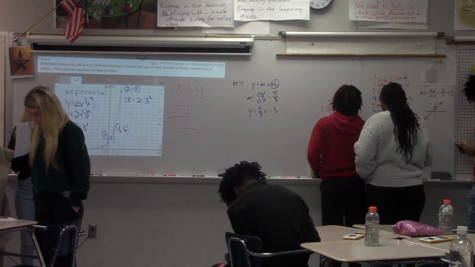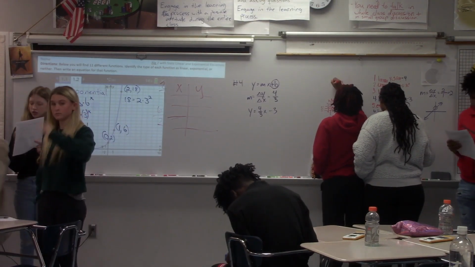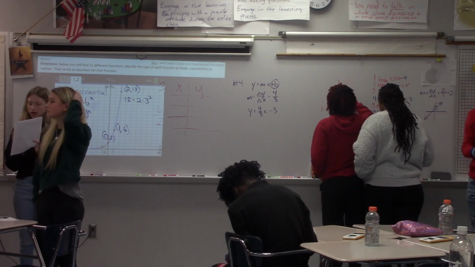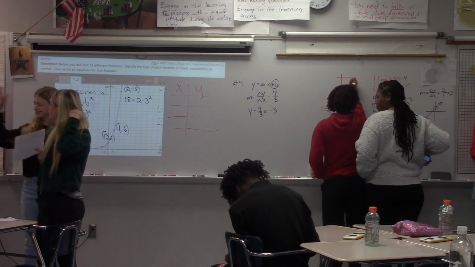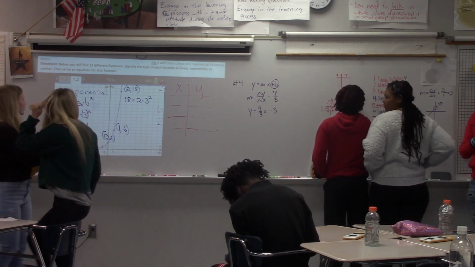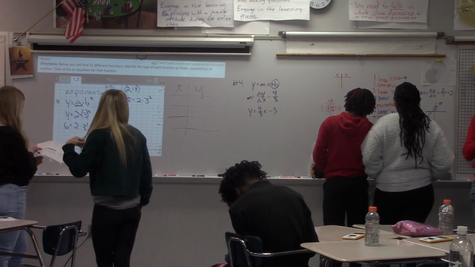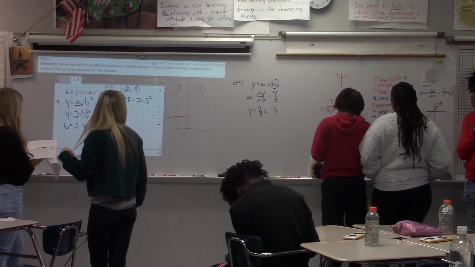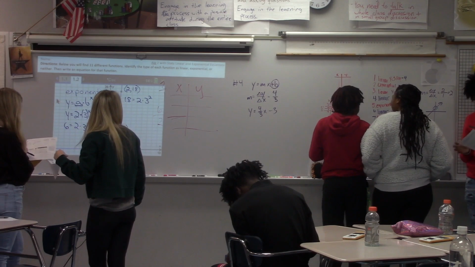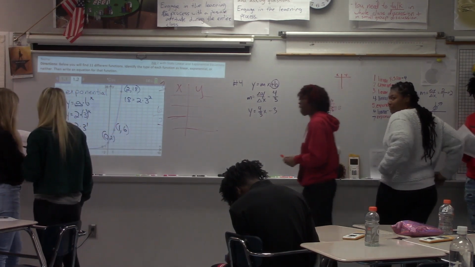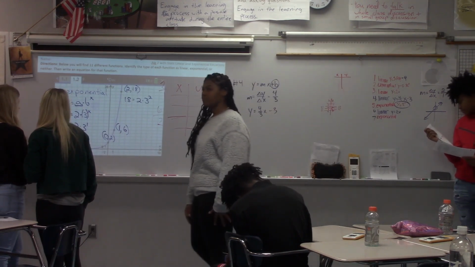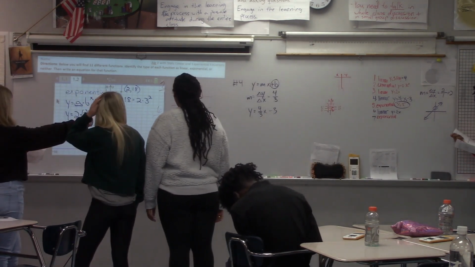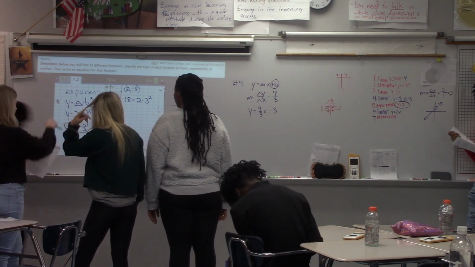So if I'm going to go backwards, I need to move this direction. If I'm multiplying by 2 going this direction, I need to divide by 2 going backwards, right? So it would be not 1 over 2, just because I'm dividing 2 by 2, which gives me 1, right?